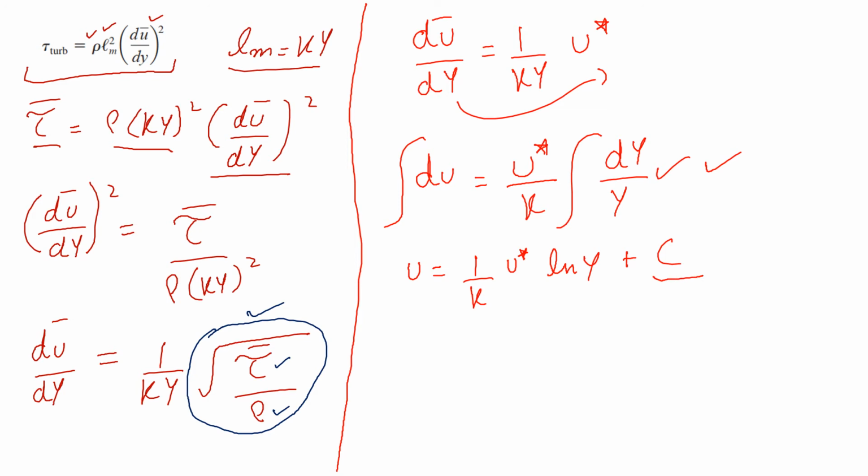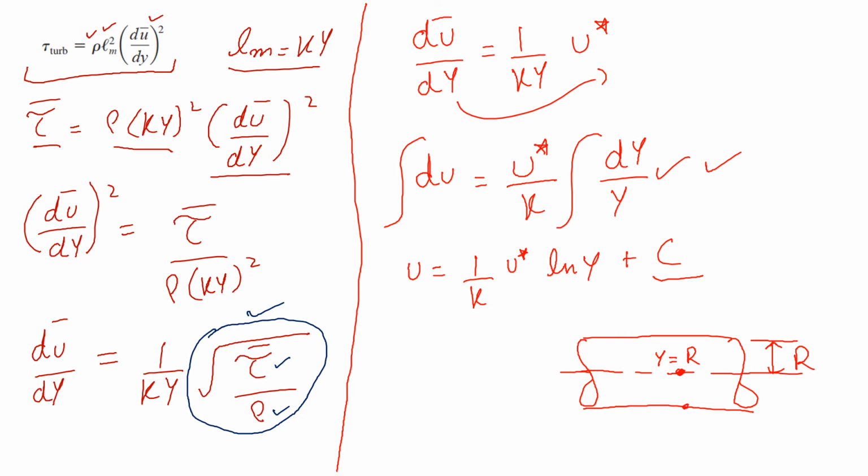So to see what the value of this constant will be, we will take a boundary condition. Let's say we have a pipe like this, and this is the axis of this pipe, and this pipe has a certain radius r. The distance y right at the center is maximum, so we will take that as y is equal to r, and at the wall it is 0, so we will take that as y is equal to 0.